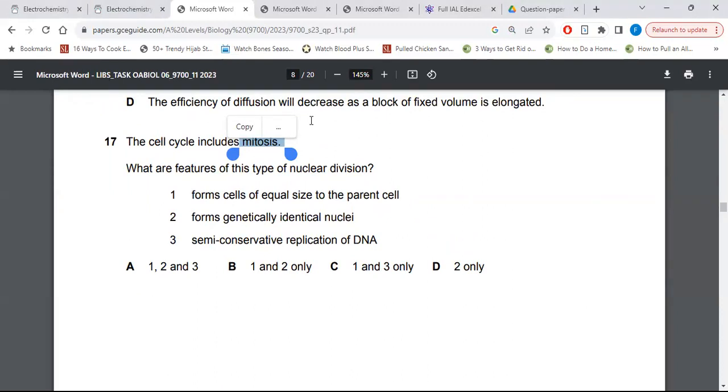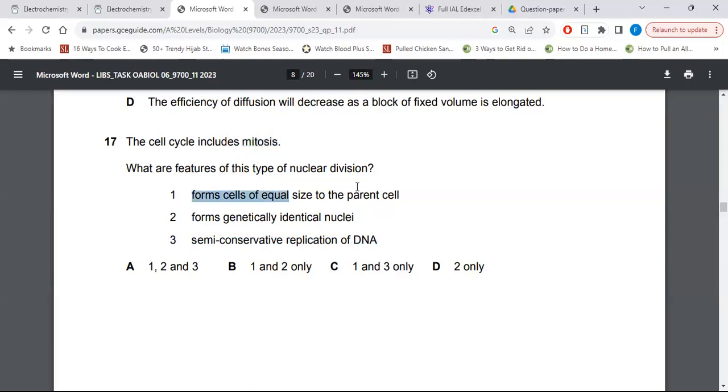You replicate the DNA and make sure it's ready for division before mitosis, right? The S phase is when we actually make a copy of DNA. The statement is correct. We do get semi-conservative replication of DNA, but not during mitosis. That is during the S phase.